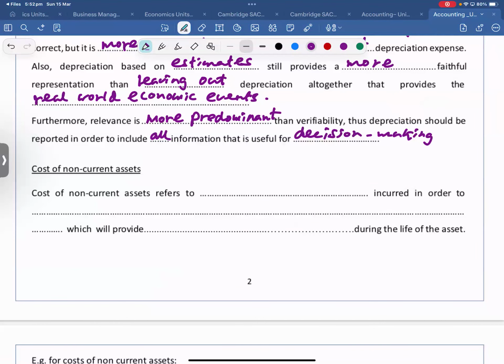Not sale, use. For sale is for inventory. Same definition, but there is only one term difference. So don't write sale when it is for the non-current asset. It is for use. Okay, so I'll write it.